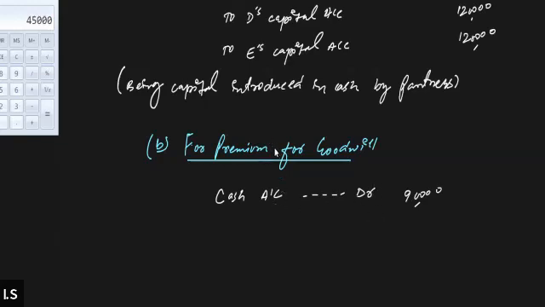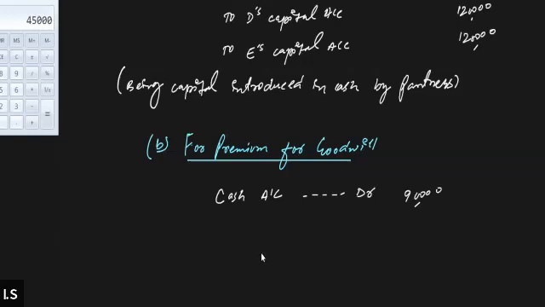And what will be the contribution made by E, how much does E need to contribute? Tell me. 45,000. 45,000. So for that, what will be the general entry? Cash account debit to premium for goodwill. This will be the general entry for the goodwill that is brought in by the partner D.